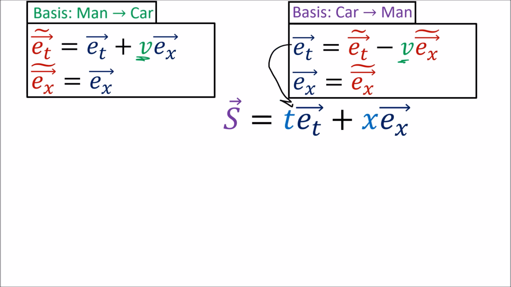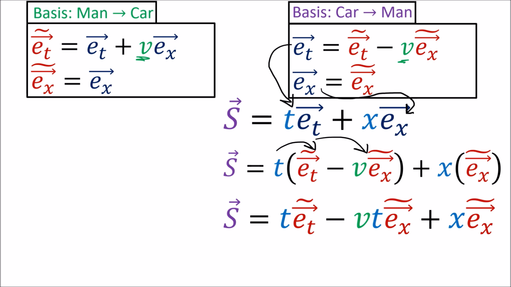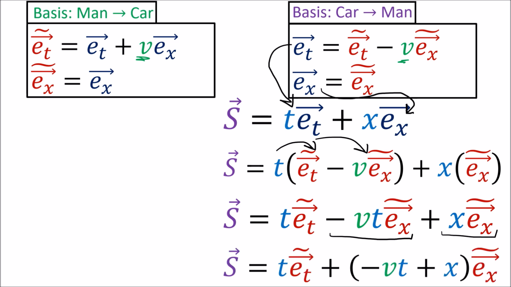Then we replace EX and ET using these change of basis equations. Then we distribute the t here to get TET tilde minus VTEX tilde. Then, since both of these are terms with the EX tilde basis vector, we can rewrite it as a single component, -VT plus X.